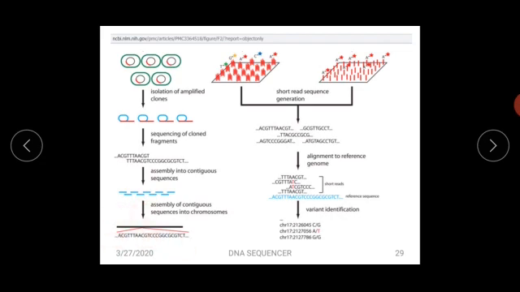Whereas in the second and third generation methods, short read sequences are taken, aligned, and then variants are identified as per their location in the chromosome, which are great methods to understand each base's presence in the chromosomes. So that means DNA sequencing has become much easier compared to the earlier generation methods.